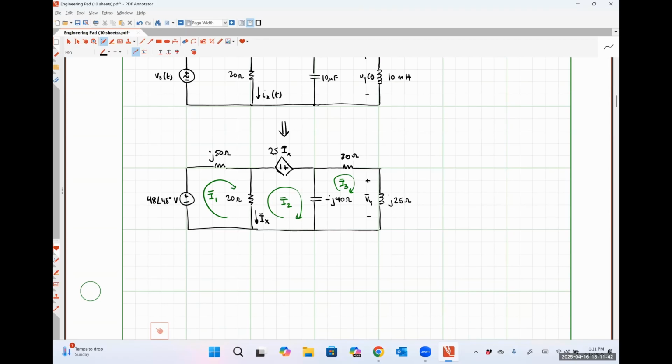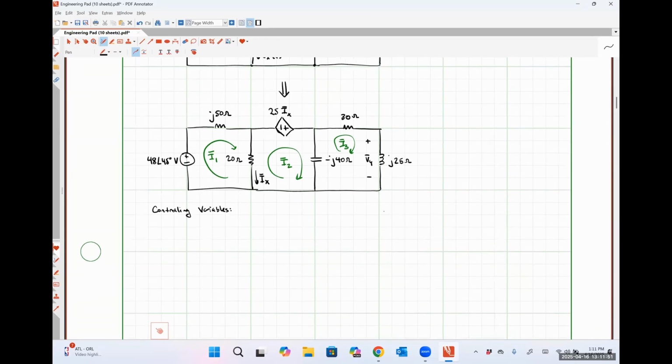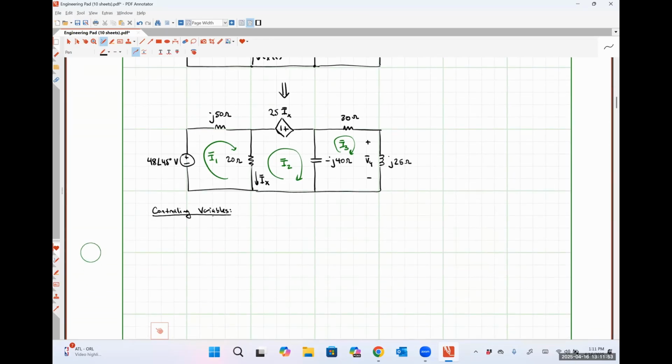So my first equation is simply going to be Ix is equal to something. I think somebody said negative I2, so that's going to be part of it.